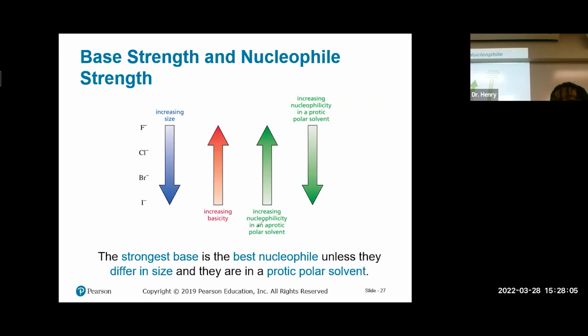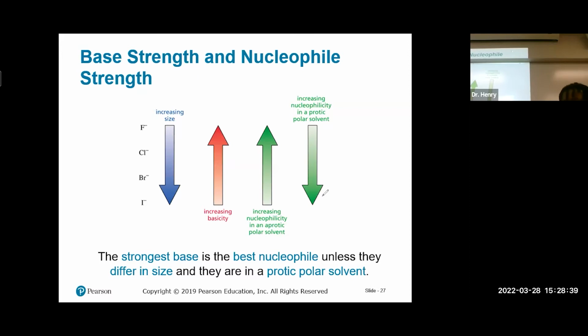Okay, and if it's in a protic polar solution, does it decrease as size increases or decrease? So as size increases, it becomes a better nucleophile, right?